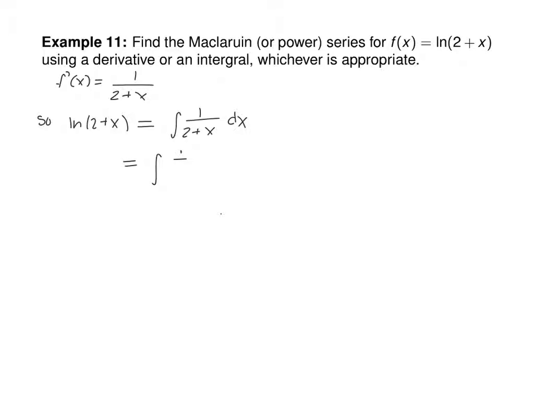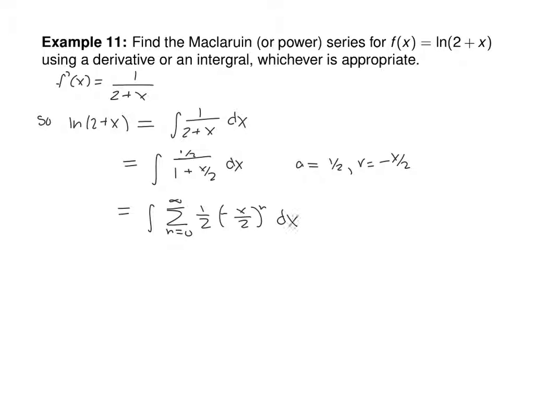So that will be 1/2 over 1 plus x over 2. And use a geometric series with a equals 1/2 and r is negative x over 2. So the integral of the sum of 1/2 times negative x over 2 to the n dx.